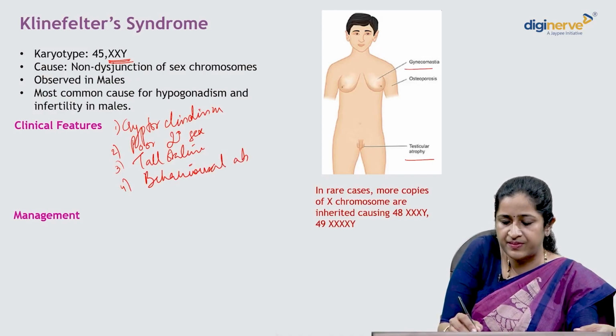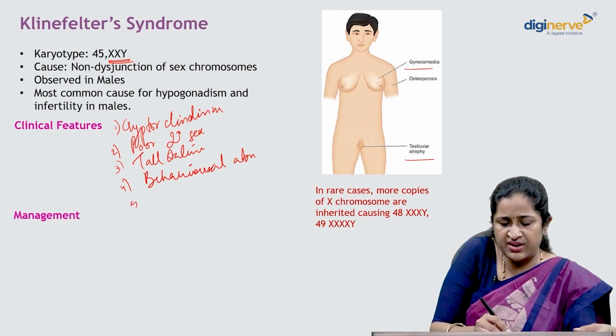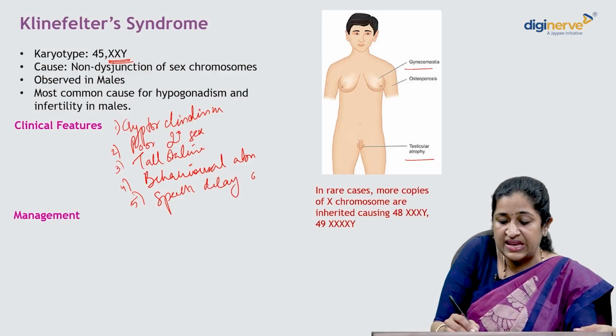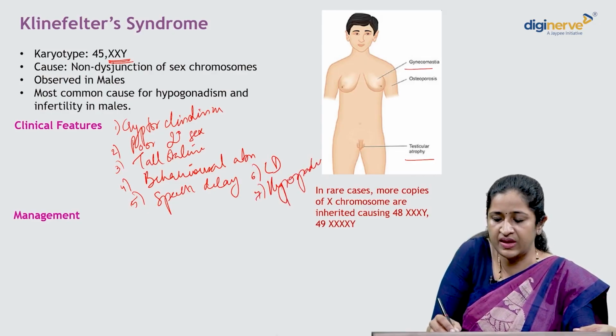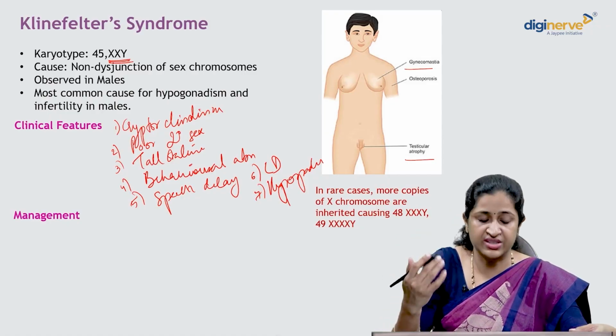You can have aggression, rage behaviors, speech delay, learning disabilities, hypospadias. These are all the various clinical features in children with Klinefelter syndrome.